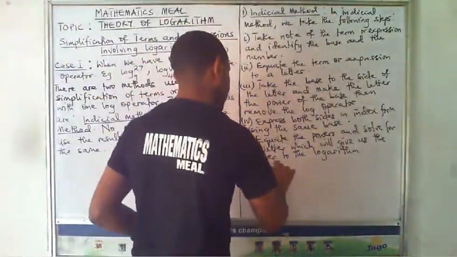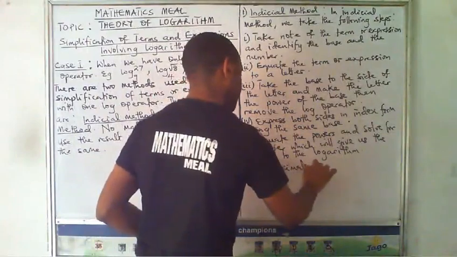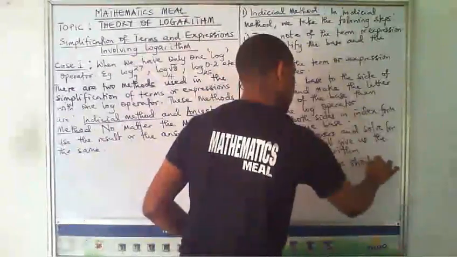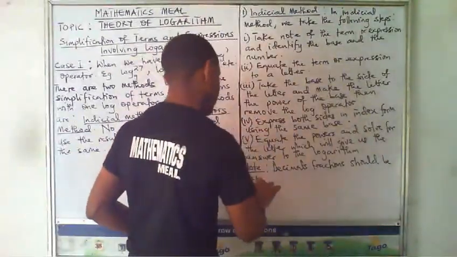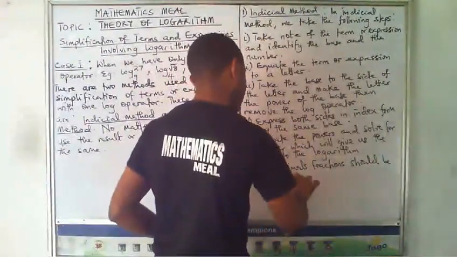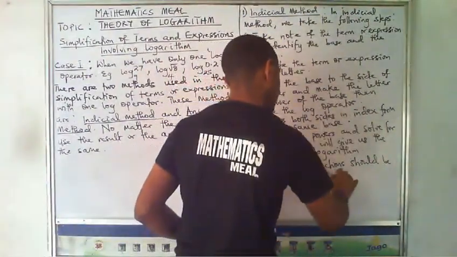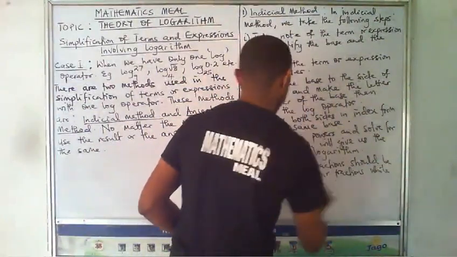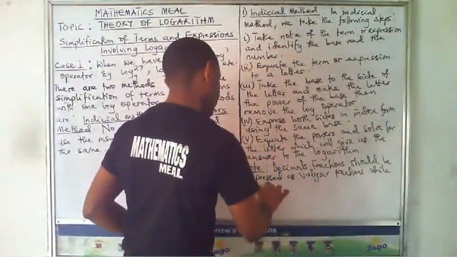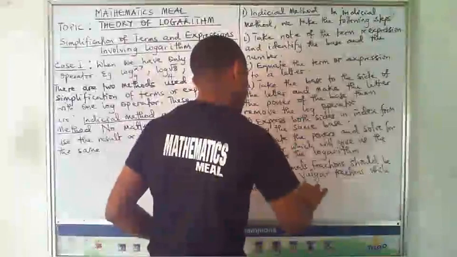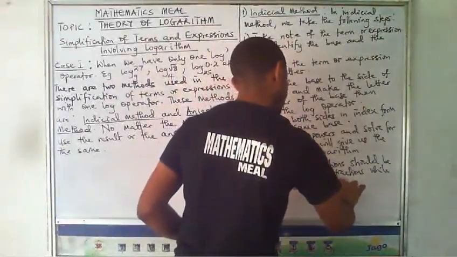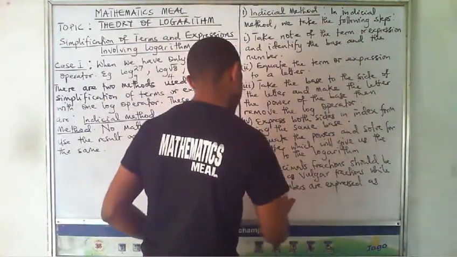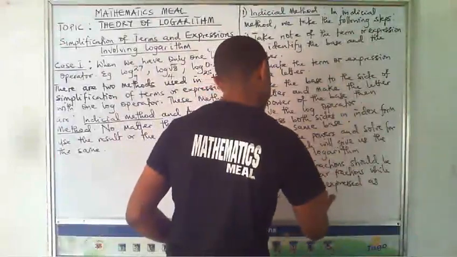So we say decimal fractions should be expressed as vulgar fractions, while mixed numbers are expressed as improper fractions.